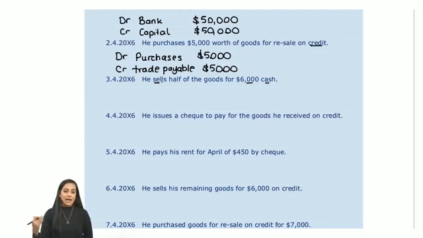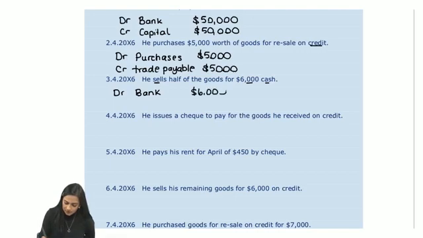And to increase assets, you debit. So what you'll do, you debit your bank, 6,000, and then you credit sales, 6,000. Okay?